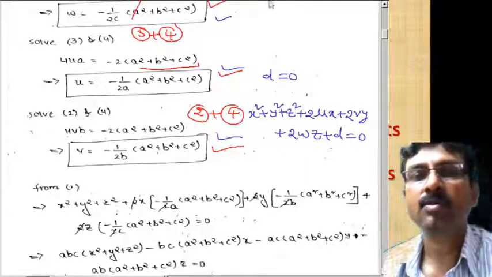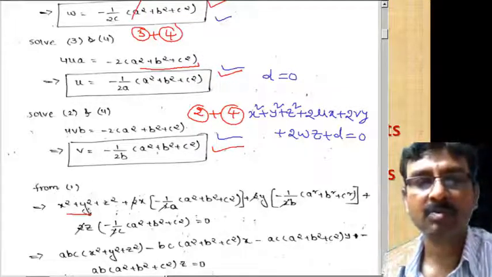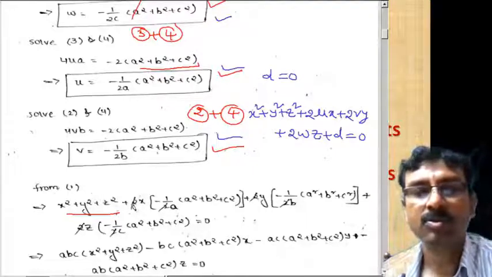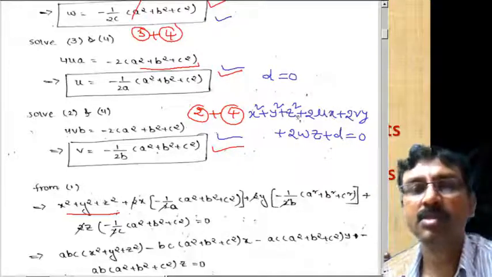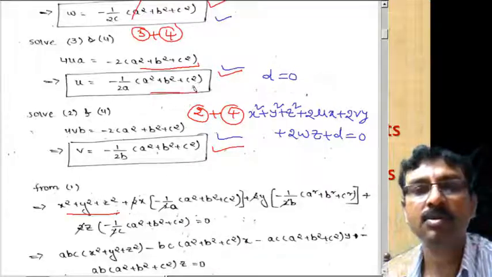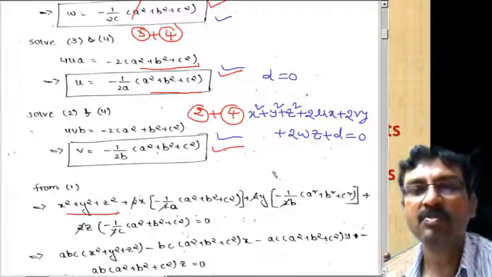x square plus y square plus z square, 2x, here u is minus 1 by 2a, a square plus b square plus c square.